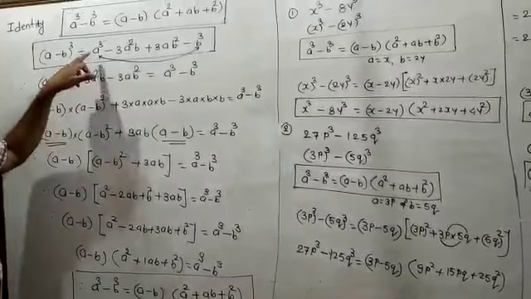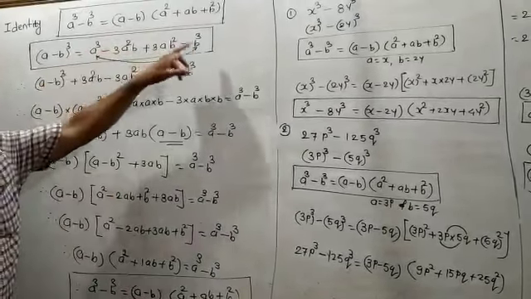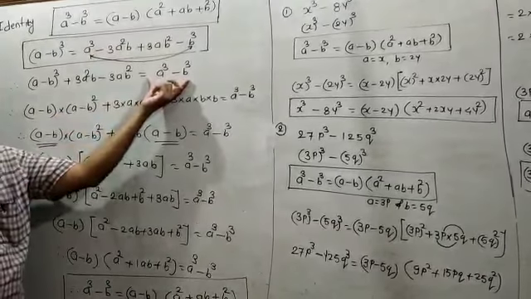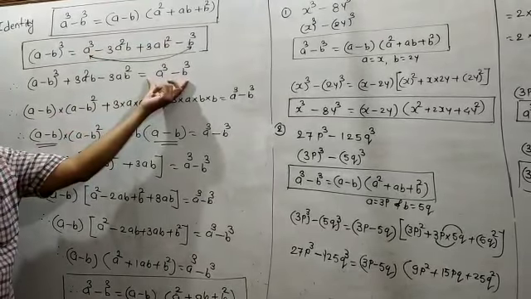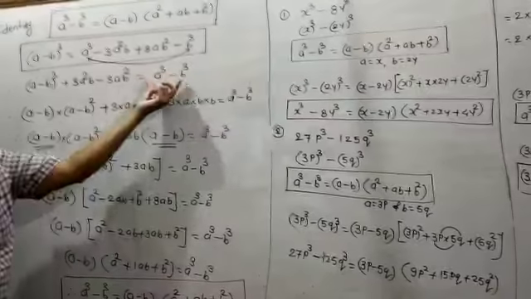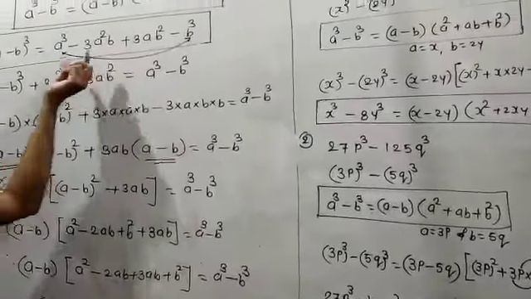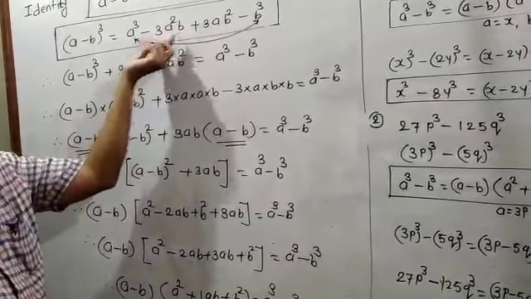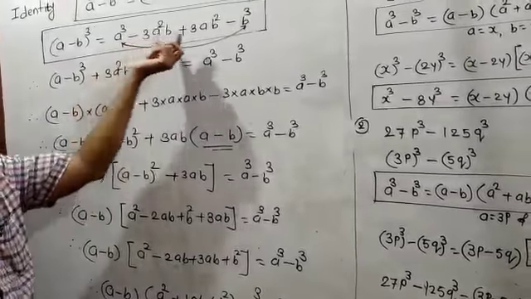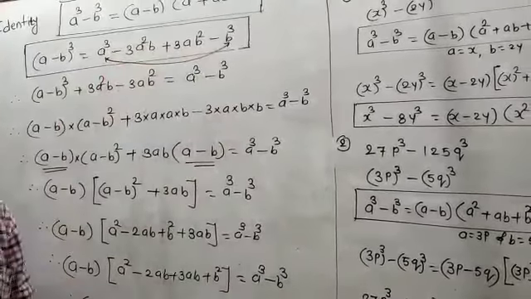Means if you want to make the identity for a cube minus b cube, you have to keep a cube minus b cube on the right side of the equal to sign, and to the left you have to shift: minus 3a square b becomes plus 3a square b, plus 3ab square becomes minus 3ab square.